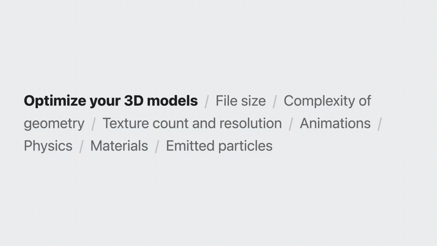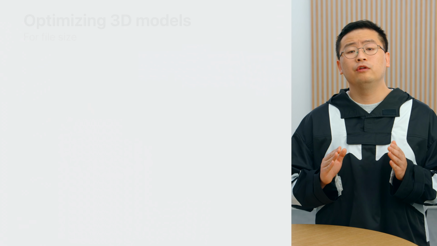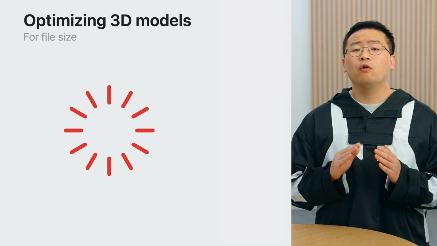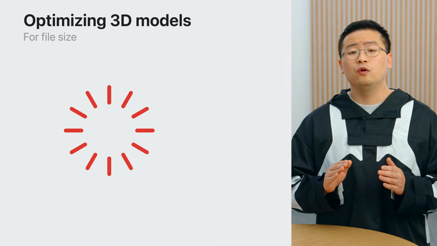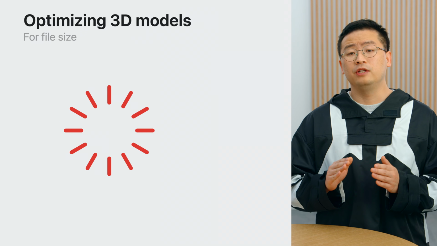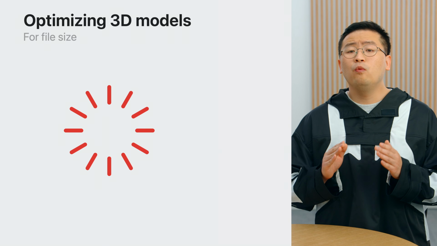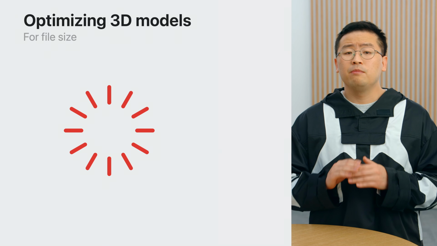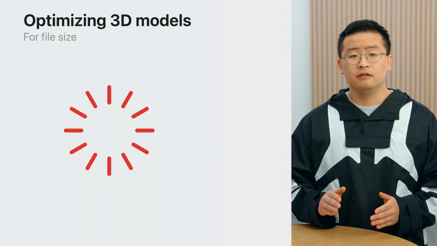Now, let's look at those one by one from the perspective of what you can do to optimize content accordingly. First up is optimizing your model for file size. Smaller file size usually results in quicker downloads and faster loading time, as you don't want the user to wait a long time before interacting with your content.